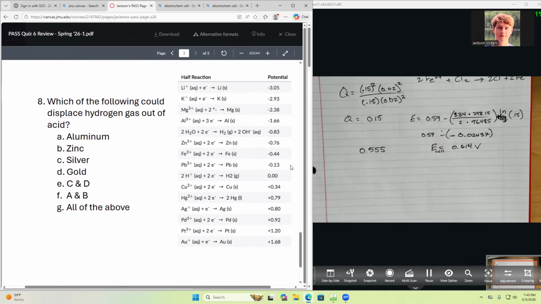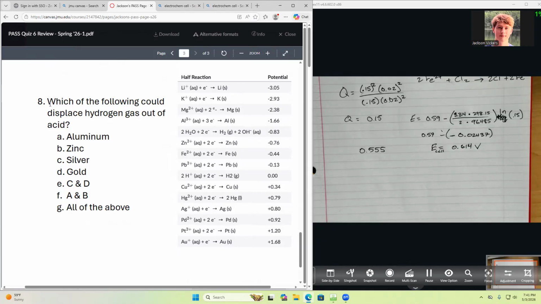All right, next one. Here we have a long list of reduction potentials, in order from the lowest potential to the highest potential. I'm asking which of the following could displace hydrogen gas out of acid. I don't know if you'd be mean like I am and ask it in this confusing way, but let's look at what we got.